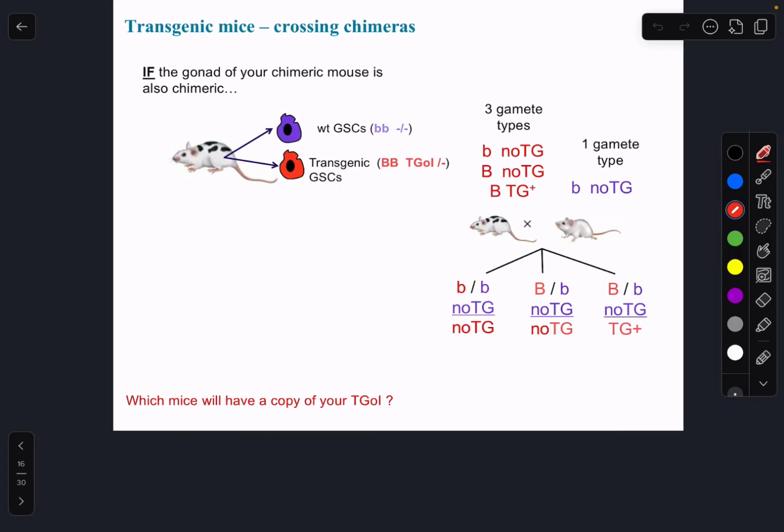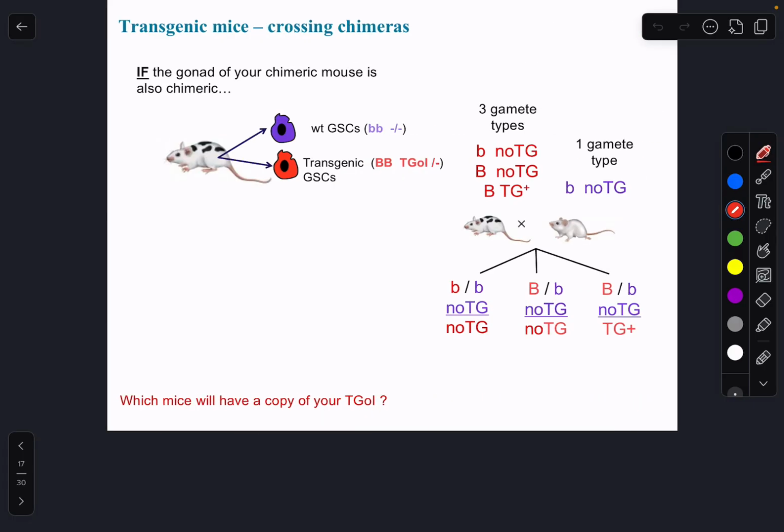So the gonads, be the ovaries of these mice, if they're female mice, or the testes, if they're male mice, the gonads of these chimeric mice have two types of germline stem cells. These are the cells in the gonads that keep spewing out germ cells and eventually gametes, right?